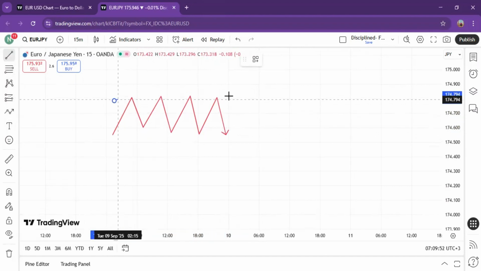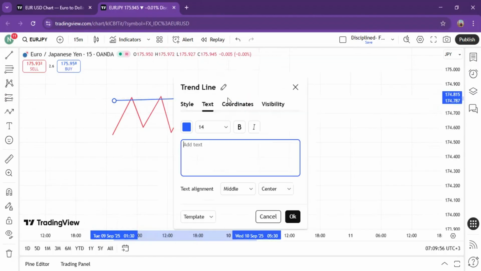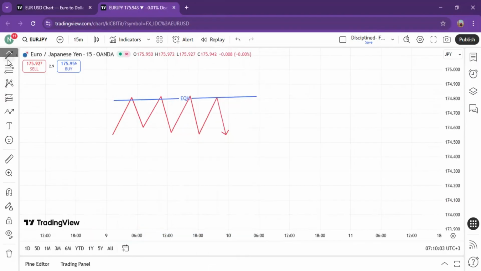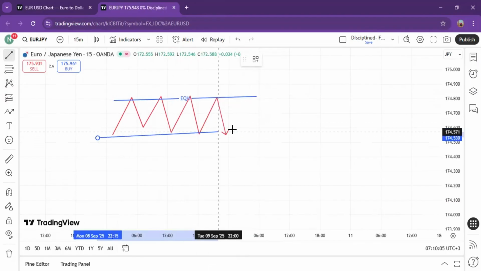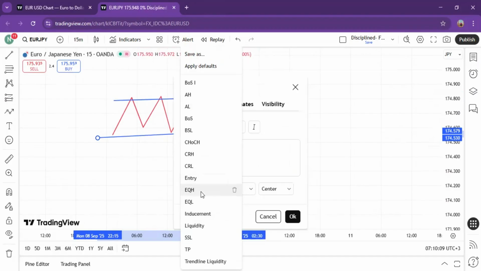So you usually find that we have the equal highs at this point and the equal lows below here, in most cases when the market is consolidating.